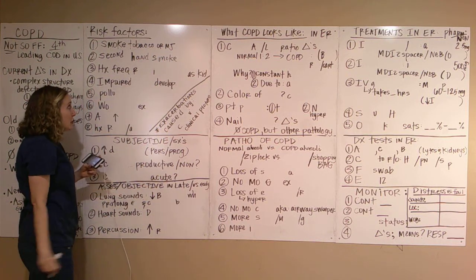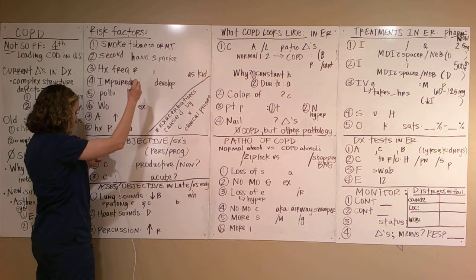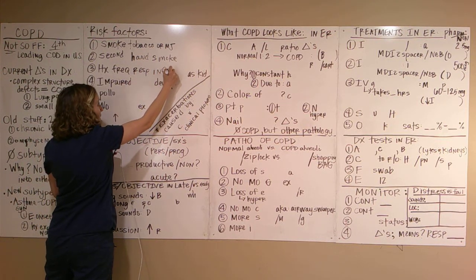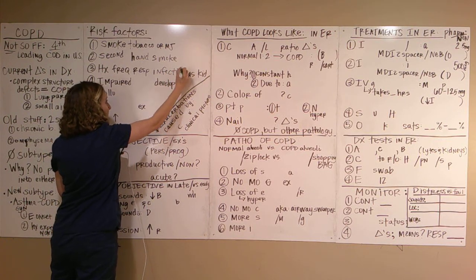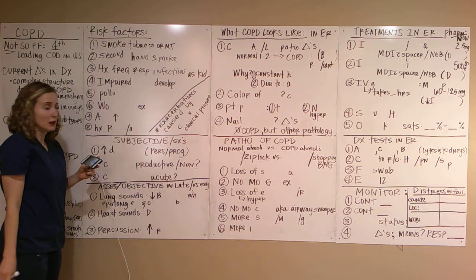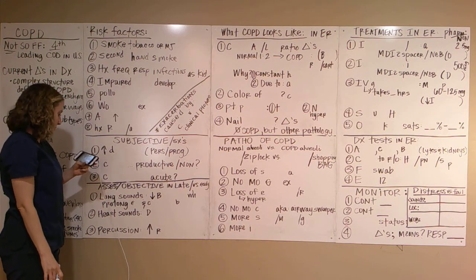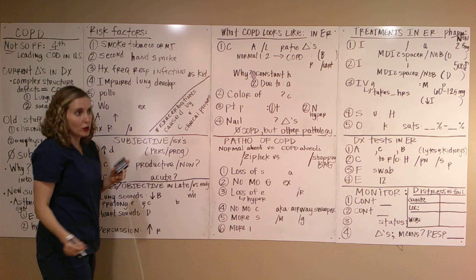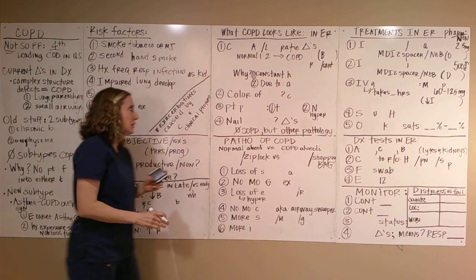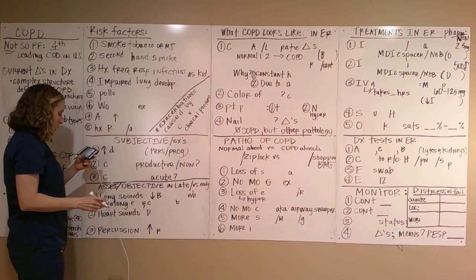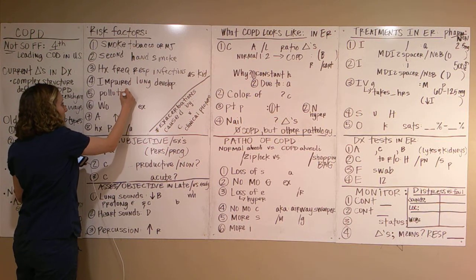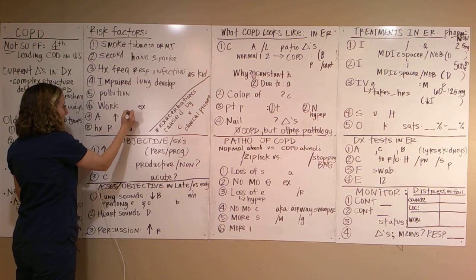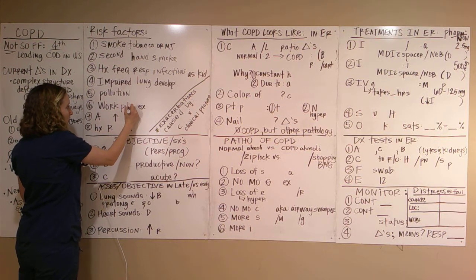And then they usually have a history of frequent respiratory infections, usually as a kid, and then they have some sort of impaired lung development, whether in utero or whether they were born too early. There's all sorts of ways you can mess up the development of your lungs. Then we have pollution. Then we can't forget our workplace exposure.